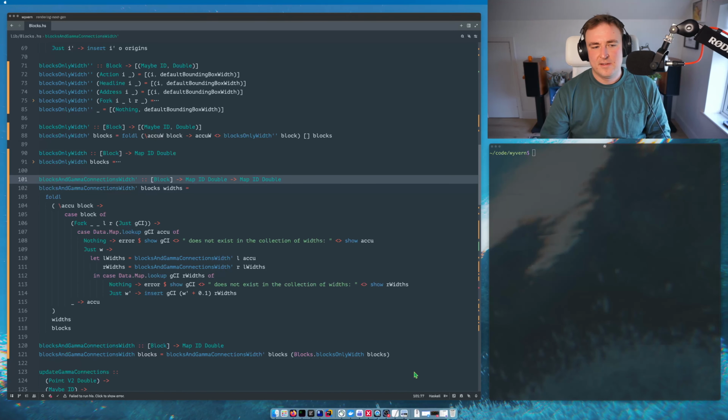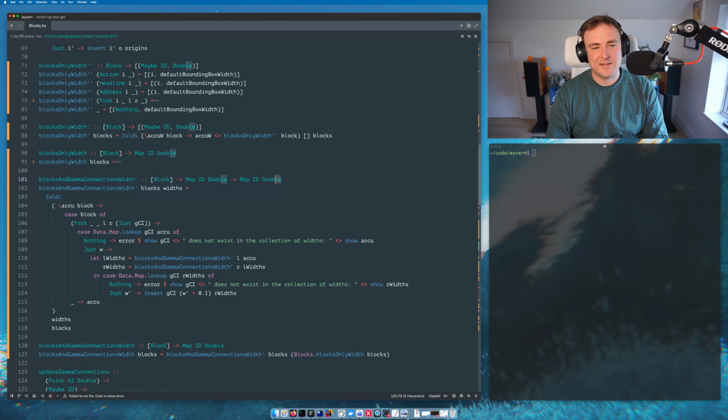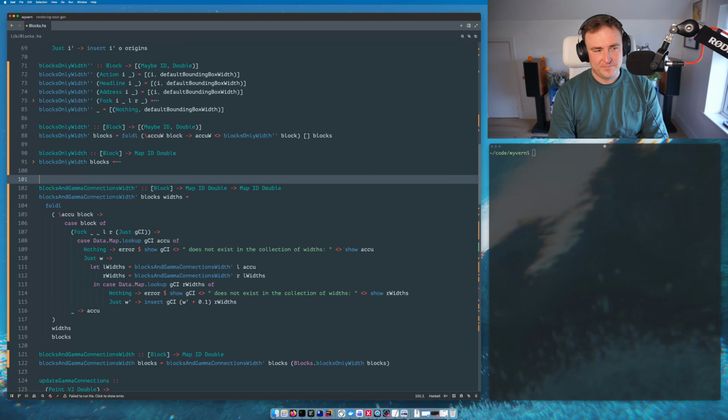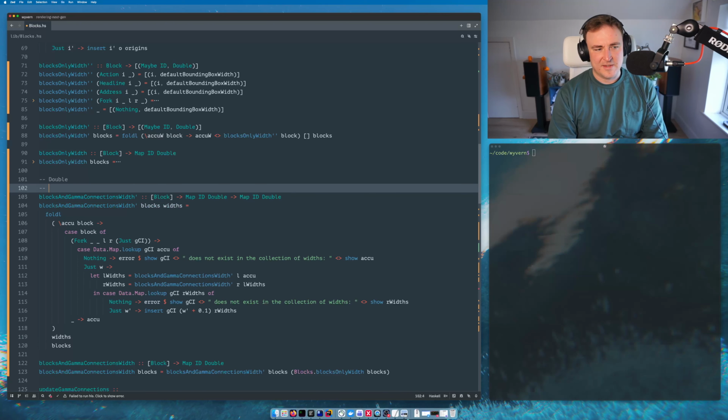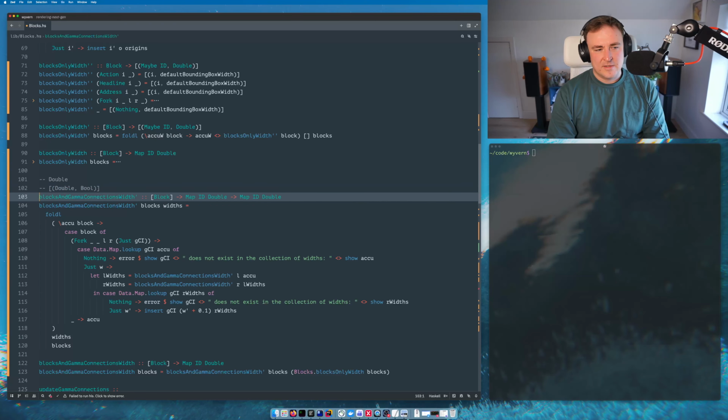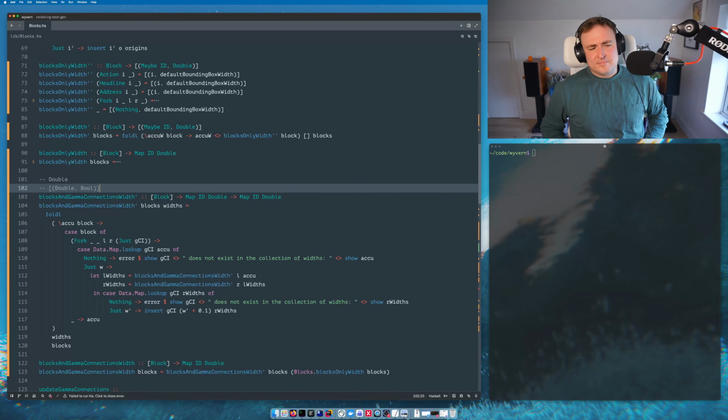Okay, I'm back. So let's try to think of the type we could replace this with. We start with this, and we will need a list for sure of tuples of double, bundle. And I think that is fine.